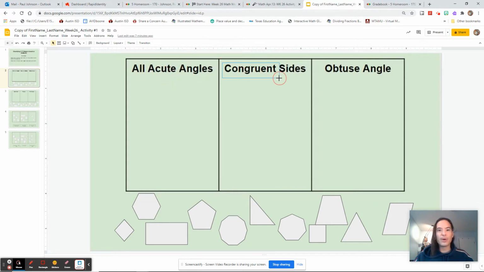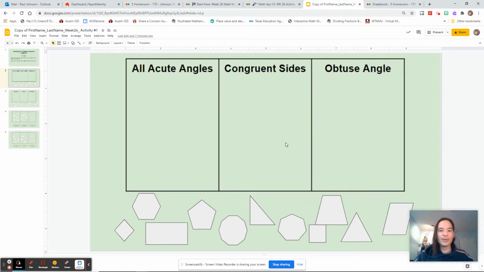Congruent sides are sides that are the same size. Acute angles are smaller than 90 degrees, and obtuse angles are larger than 90 degrees. An obtuse angle is like that relaxed lounge chair.